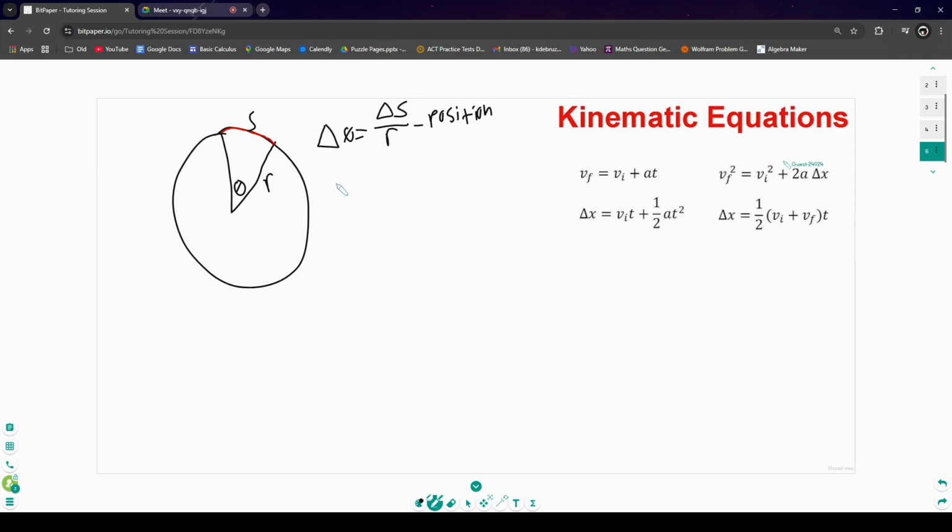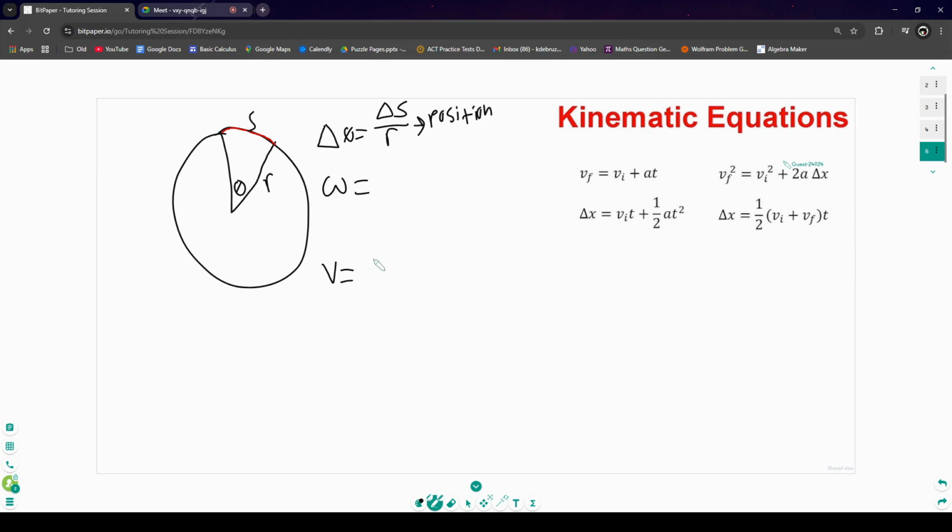Do you have a guess? If this is position, what would be velocity? Yep, and we write velocity as omega. Do you remember what velocity is in normal physics?